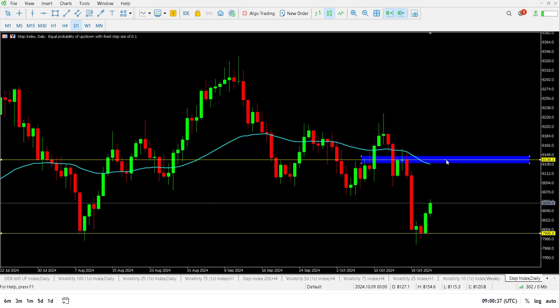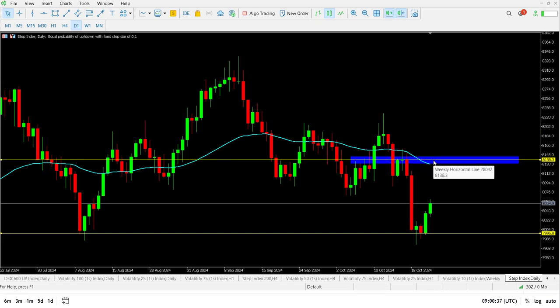So until we have a daily candlestick body close above this most recent swing high, then right here on the daily time frame perspective, we are still clearly going to be in a bearish market structure.